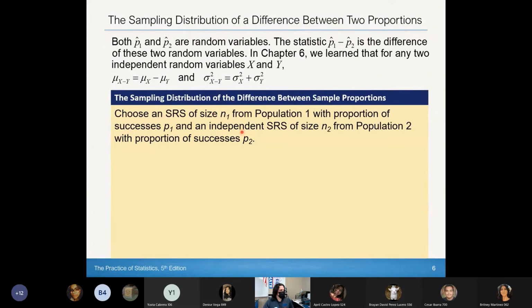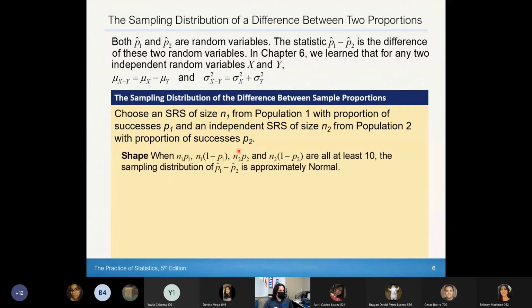When we have an SRS of size n1 from population 1 with proportion of success p1 and an independent SRS of size n2 from population 2 with proportion of successes p2, the shape, when the large counts condition is satisfied, so there's at least 10 successes and 10 failures in population 1 and at least 10 successes and 10 failures in population 2, the sampling distribution of p hat 1 minus p hat 2 is approximately normal.